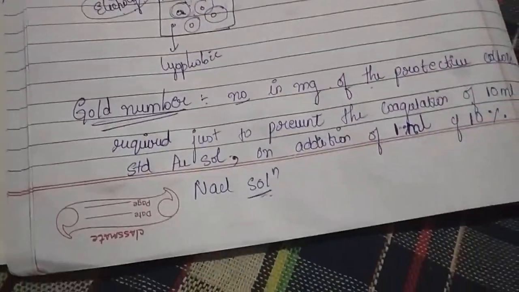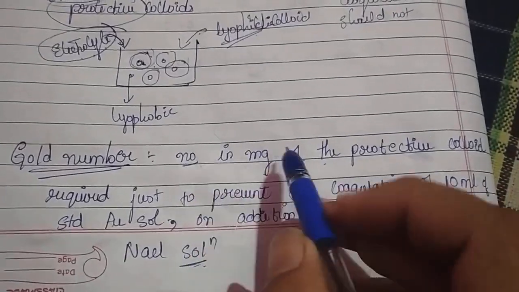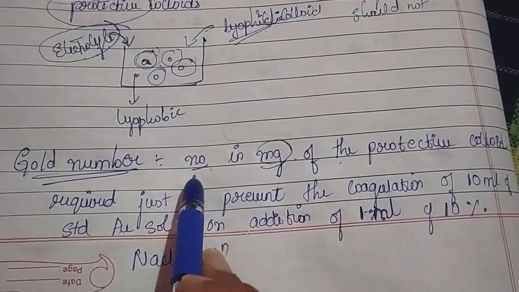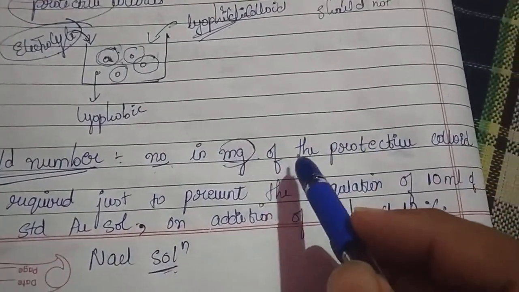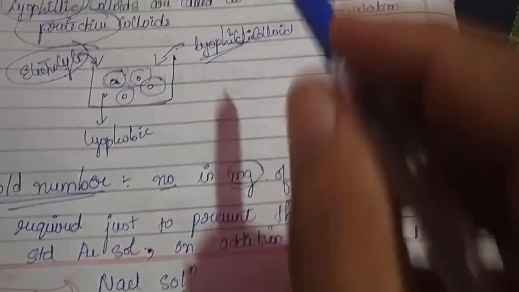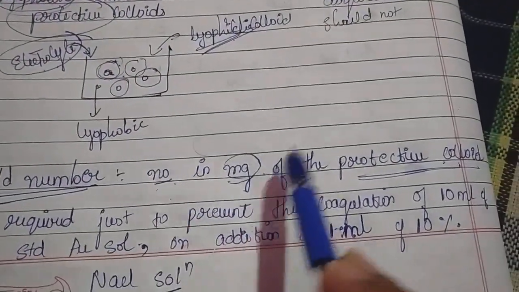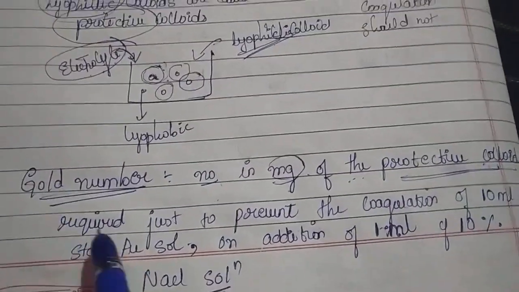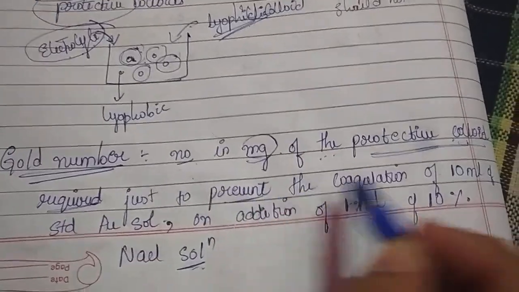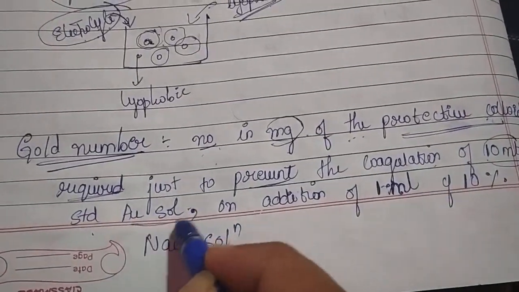So what is your gold number saying? Basically it is the number in milligrams of the protective colloid. So which is that protective colloid? Our lyophilic colloid. It is the number in milligrams of the protective colloid which is required to prevent the coagulation of 10 ml of your standard gold sol.